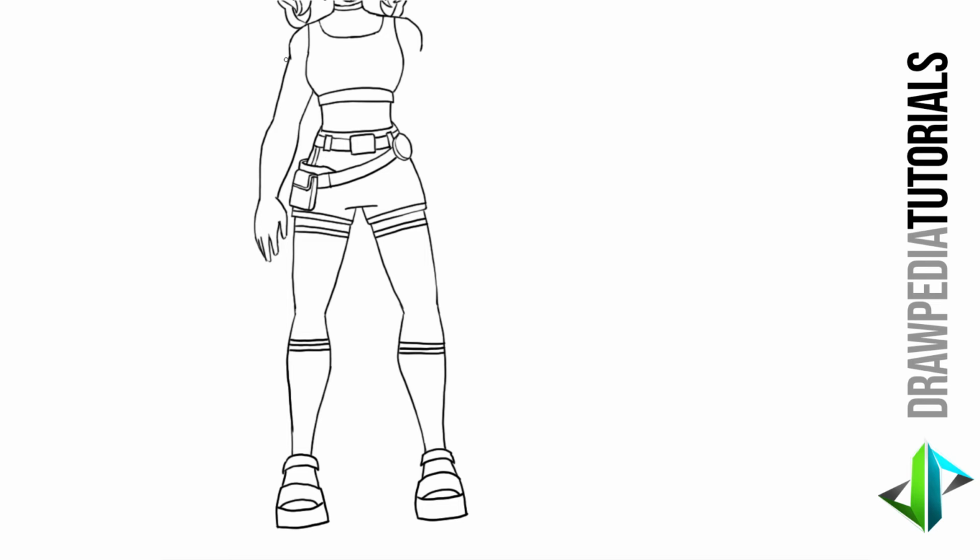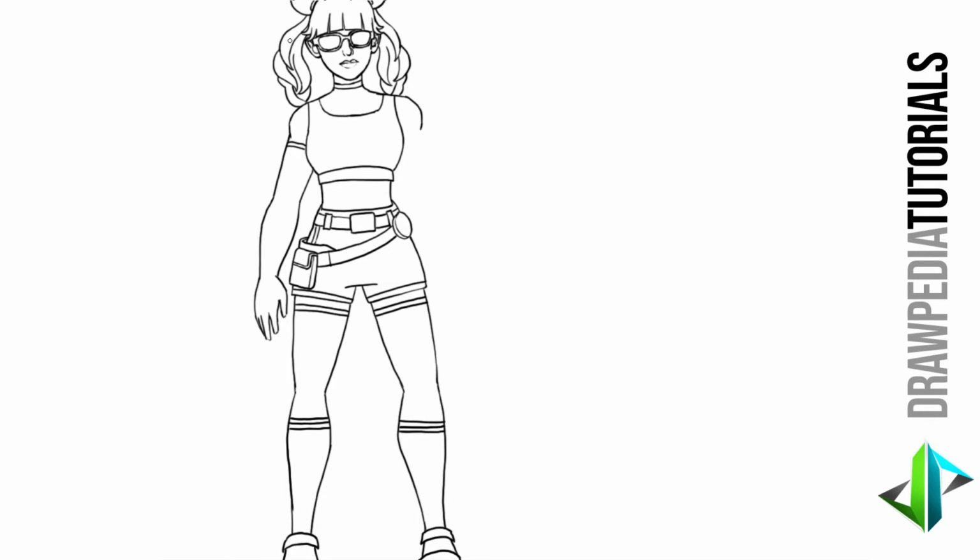Below the shoulder, I'm going to draw across 2 curved lines at the side of the arms right there. And for the right arm, we're going to draw a similar shape as well.